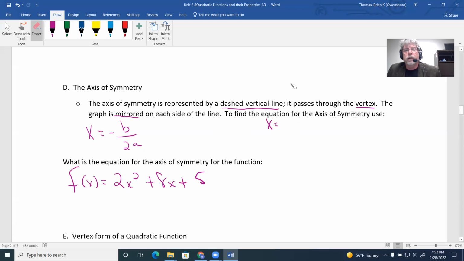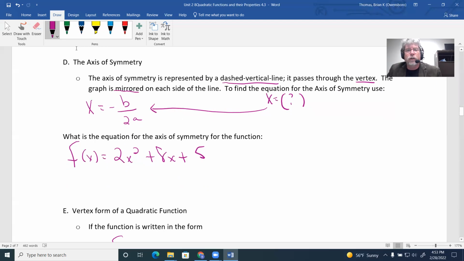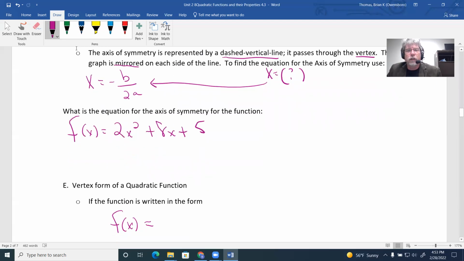So the equation is going to be x equals this value that we get when we do this negative b over 2a. So the axis of symmetry is an equation of a vertical line. And remember, for a vertical line, we use the letter x in the equation.